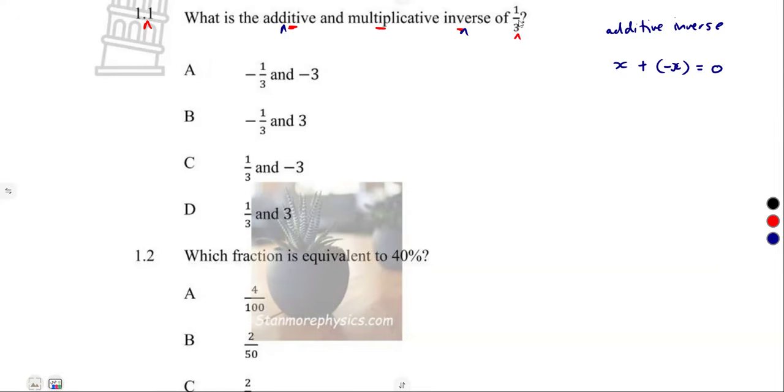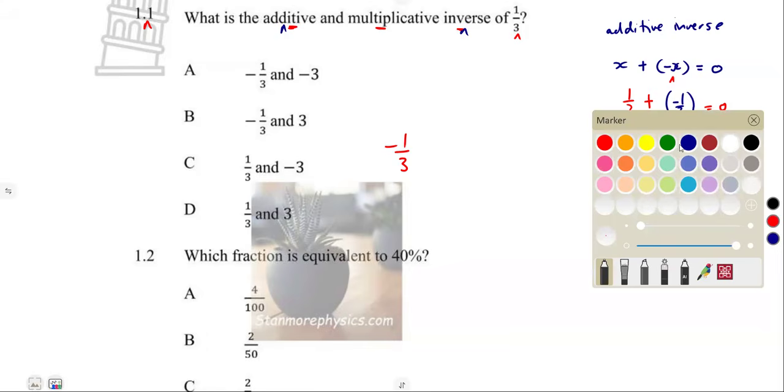In our case, the number is given as 1 over 3, so it must be added to its negative so that we can obtain 0. The additive inverse must be minus 1 over 3, the negative part.